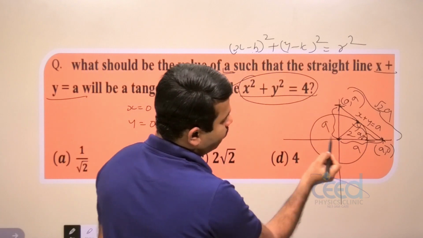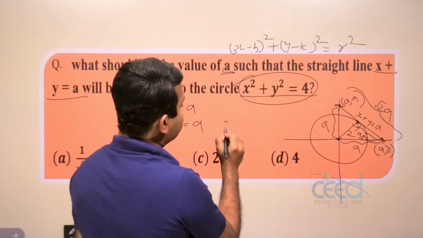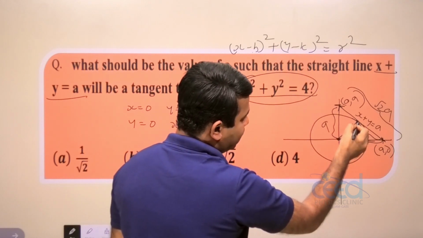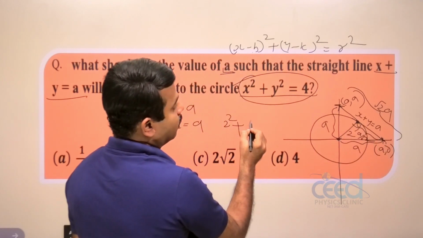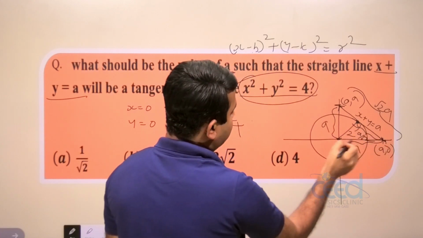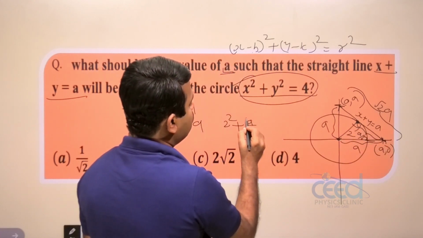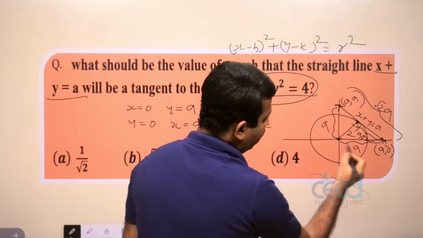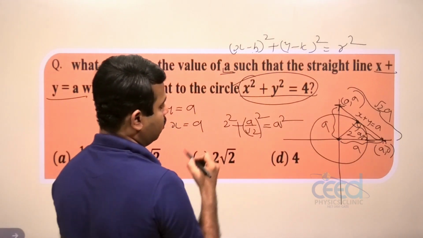This is the base, 2 square, plus this altitude square, that is root 2 a the whole divided by 2, that is a by root 2. A by root 2 the whole square is equal to the hypotenuse square, that is a square.